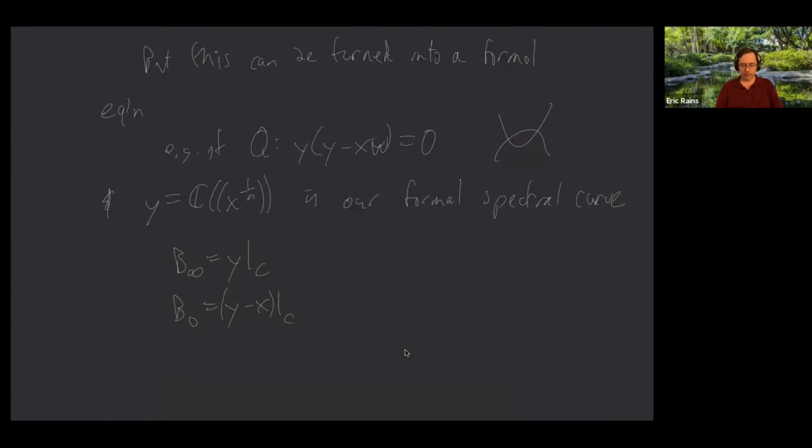And so we see that b infinity is f of x to the 1 over n, and b0 is f of x to the 1 over n minus x. So our equation is v of qx equals b0 over b infinity. So 1 minus x over f of x to the 1 over n.